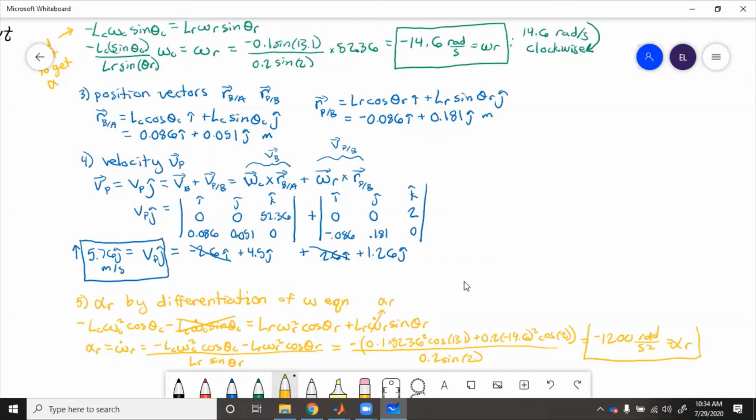So because it's negative, we know that alpha is going clockwise.